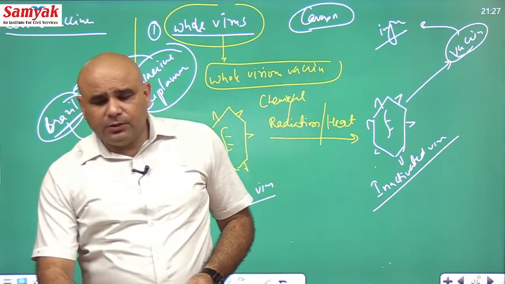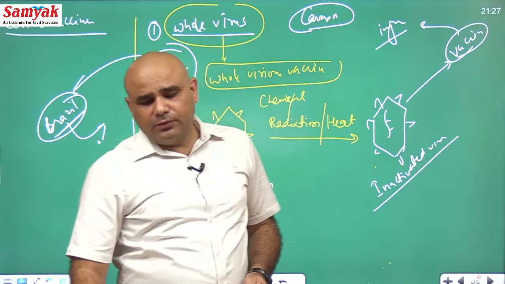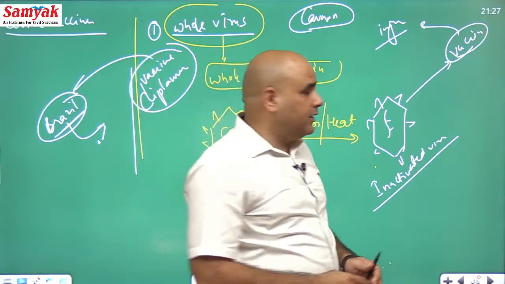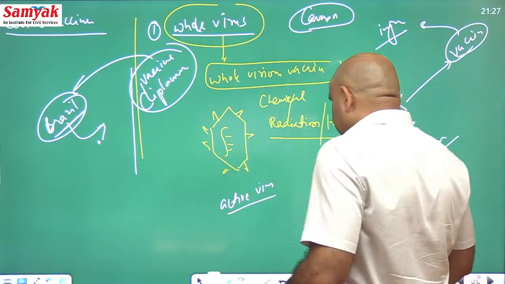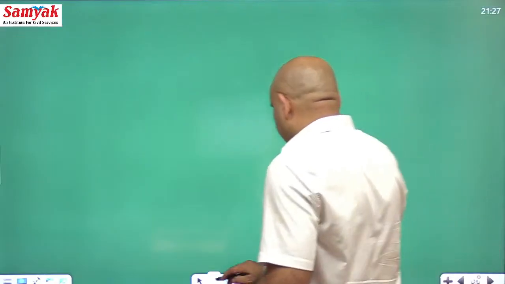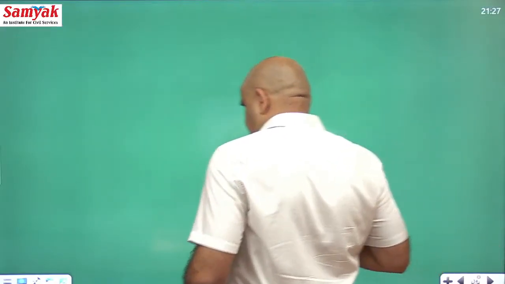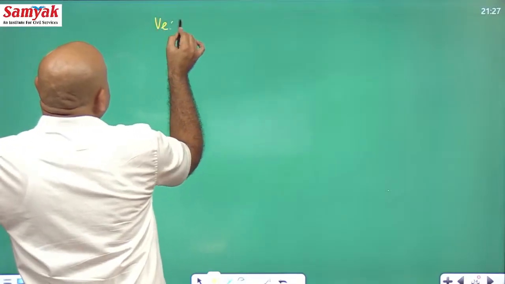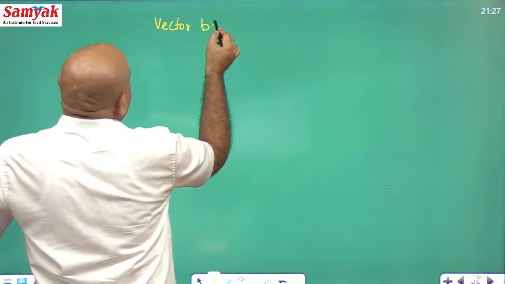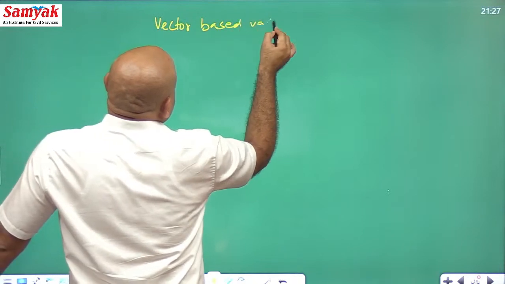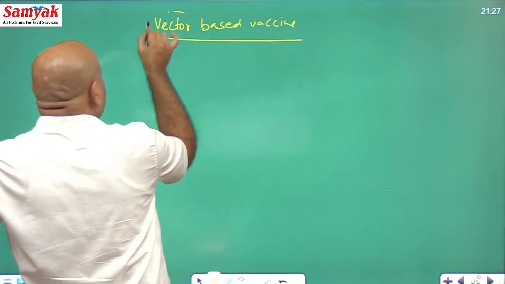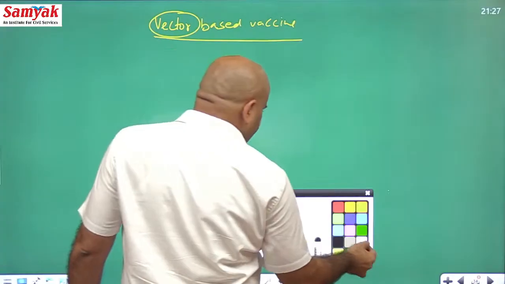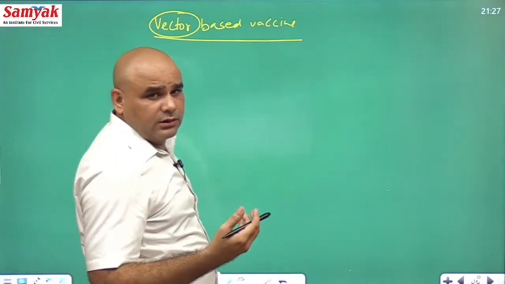So this is one type of vaccine prepared for COVID. Now, the second type of approach is named vector-based vaccines. Whenever I talk about a vector, it means there will be some kind of transporter.